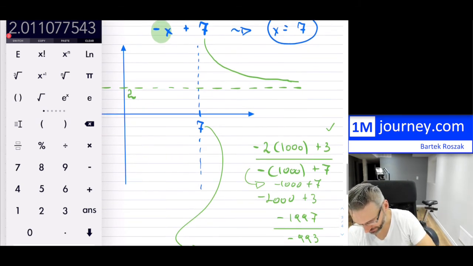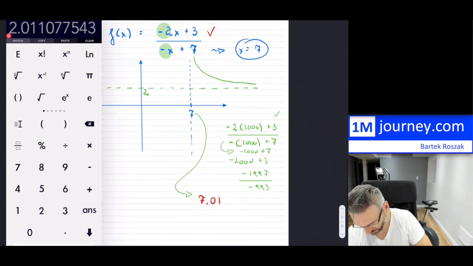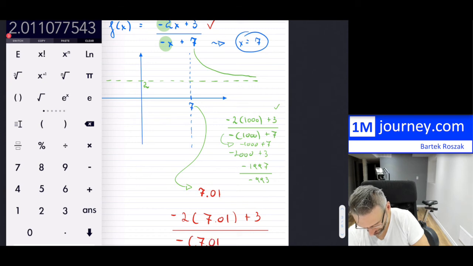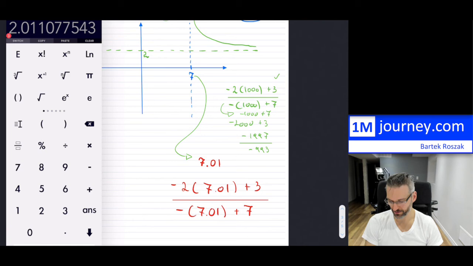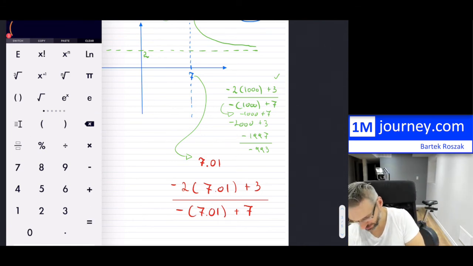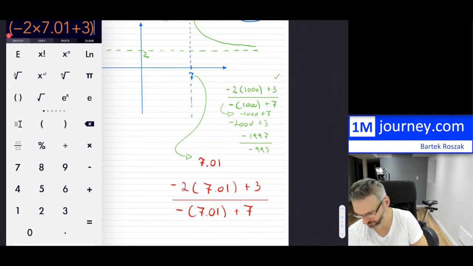Let me do something like this. It's going to be negative 2 multiplied by negative 7.01, plus the 3, so that is my numerator.